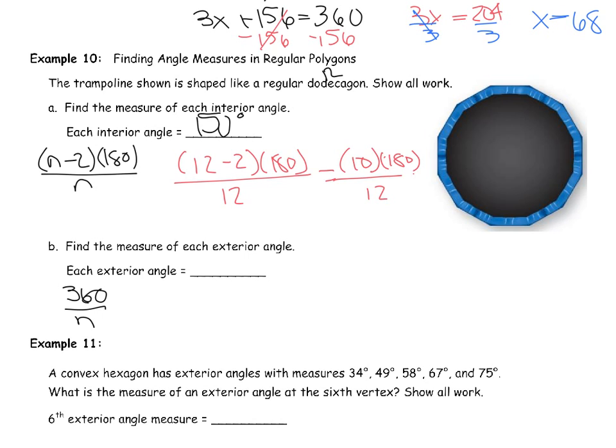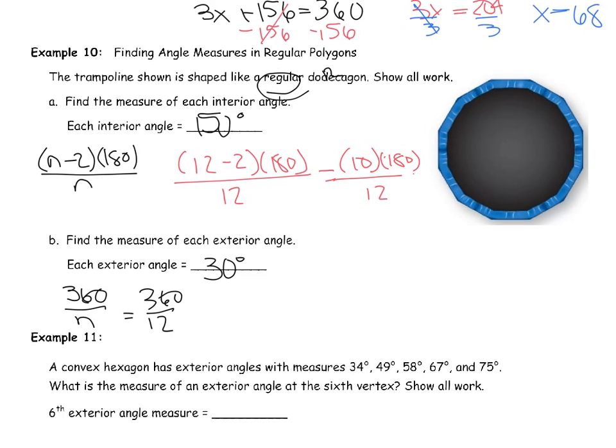So 150 degrees is one of the interior angles if this is a regular figure, which it is because they tell us. The exterior angle simply is going to be 360 divided by the number of sides, which is 12. So 360 divided by 12, because this is a dodecagon, and the answer is each exterior angle is just 30 degrees.